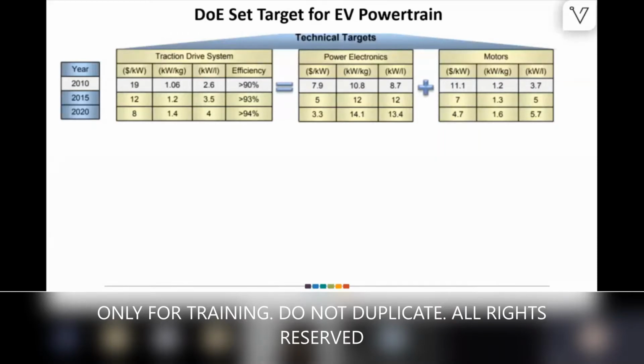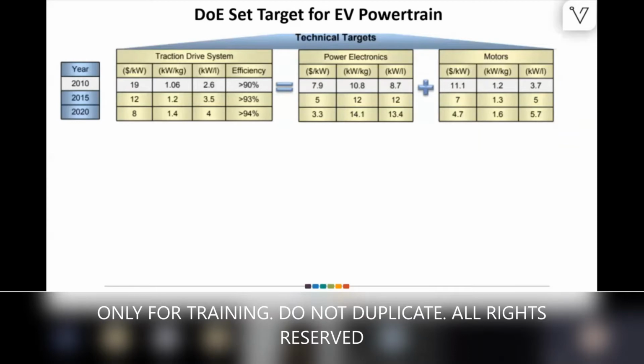These targets are set to make EVs more feasible to adopt, or more cost effective, also in terms of weight and volume. There are separate targets for power electronics and motor.